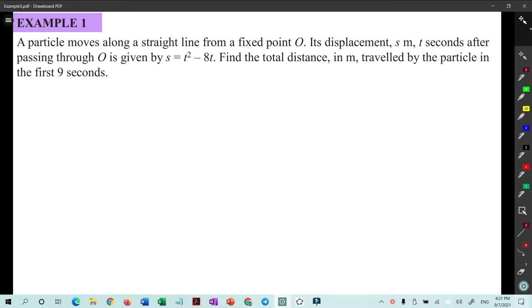Okay, let's see an example on how to determine the total distance traveled by a particle within a given period of time.